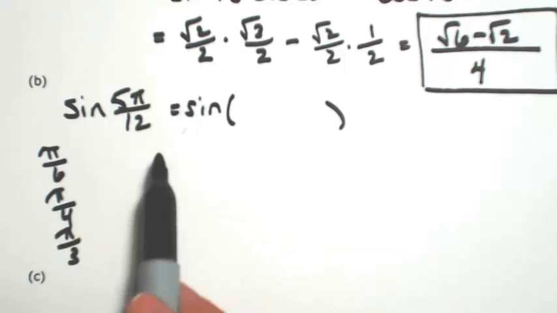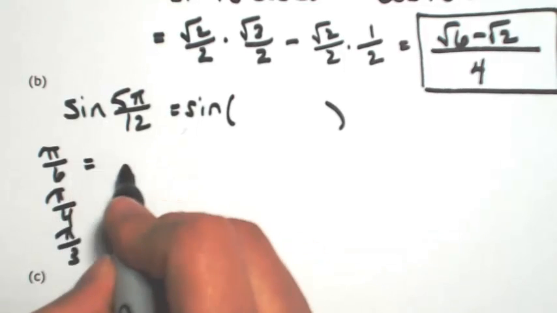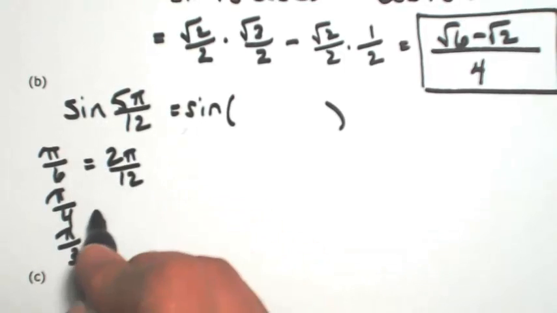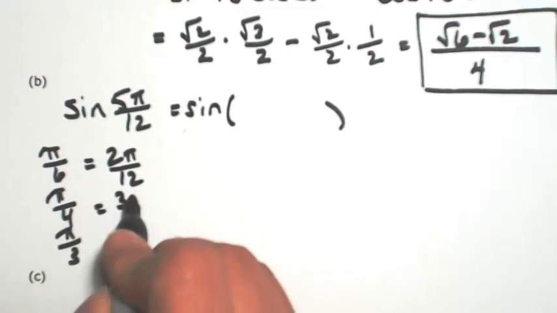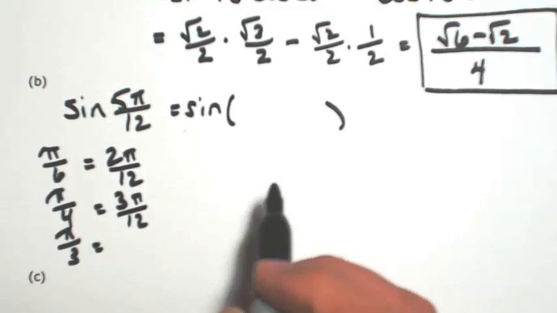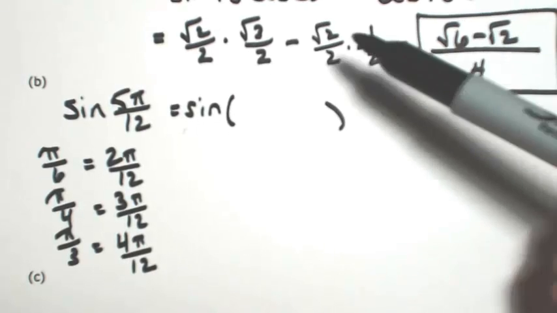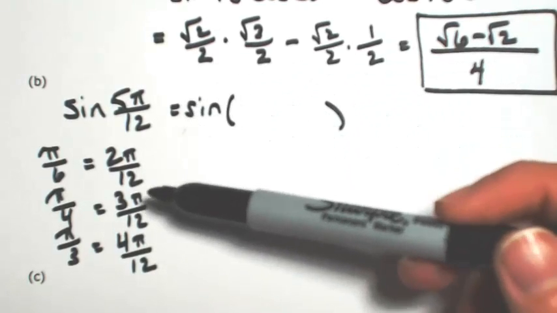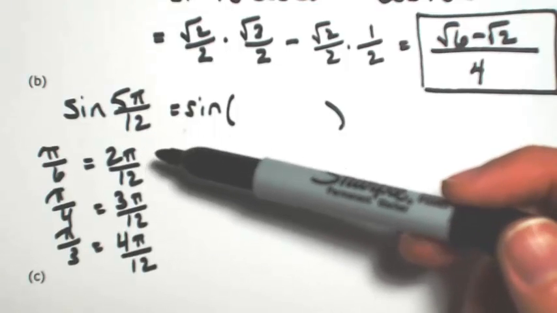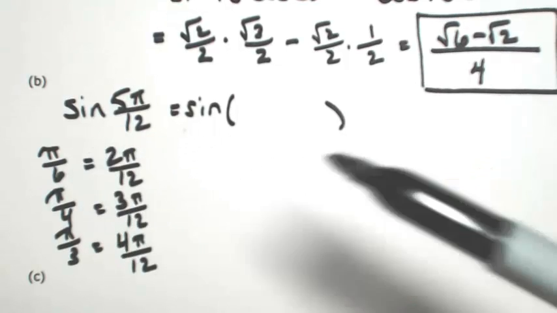I'm going to rewrite this with a common denominator of 12. So pi over 6 is 2 pi over 12, pi over 4 is 3 pi over 12, and pi over 3 is 4 pi over 12. Now I can see to get 5 pi over 12, I'm going to add the 2 pi over 12 and 3 pi over 12, in other words, pi over 6 plus pi over 4.